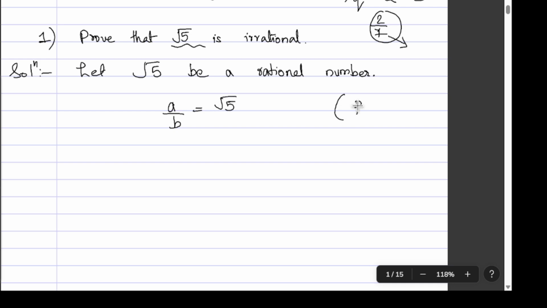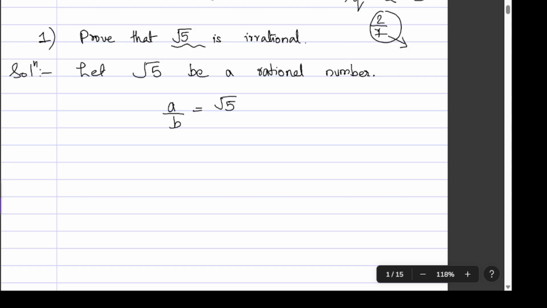Here, instead of p and q, I am going to represent them as a and b, in order to avoid confusion. So we have to find two integers a and b, where b is not equal to 0 and a and b are coprimes. What do you mean by coprime? Coprimes are those numbers which have only 1 as the common factor. They don't have any number other than 1 as a common factor. Such numbers are called coprimes.